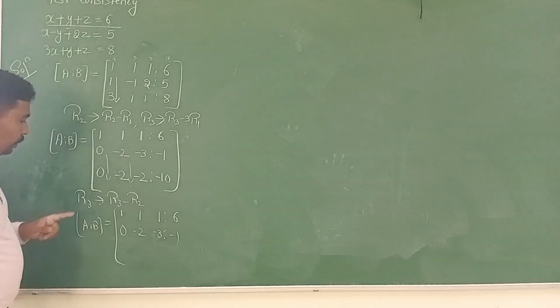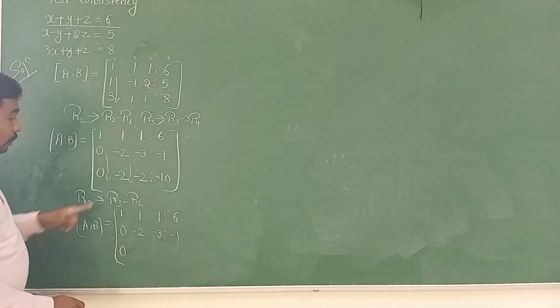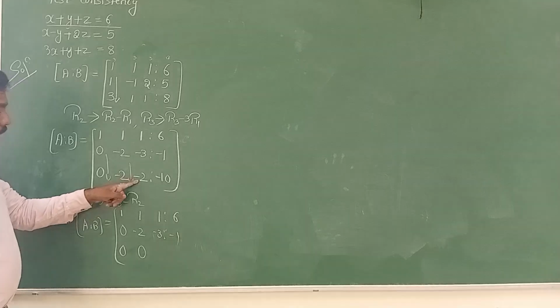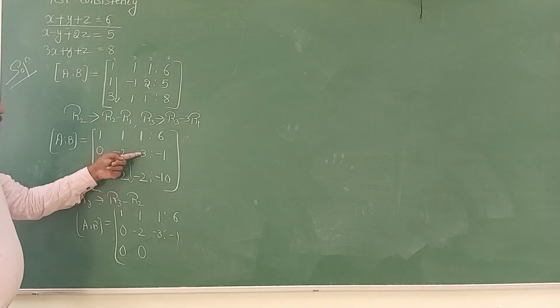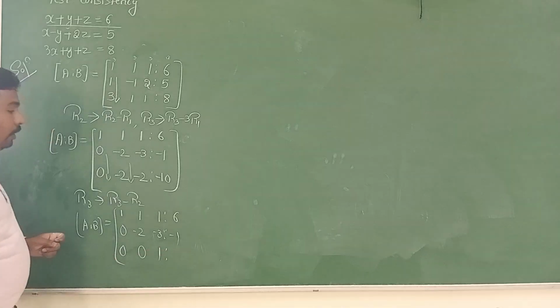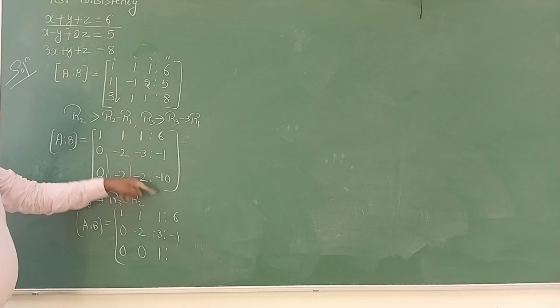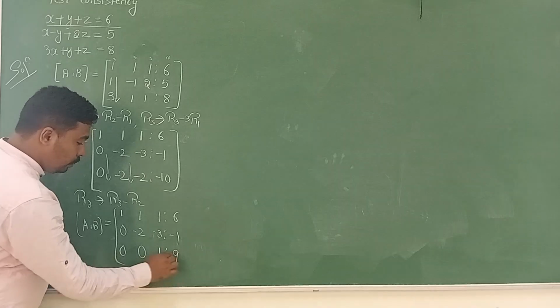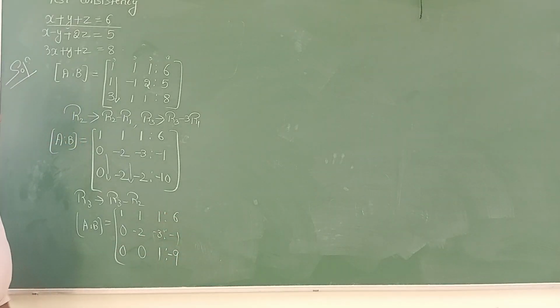Okay. 0 minus 0 is 0, minus 2 minus of minus 2 is minus 2 plus 2, which is 0. Minus 2 minus of minus 3 becomes plus 3, minus 2 plus 3 is 1. Minus 10 plus 1 becomes minus 9.